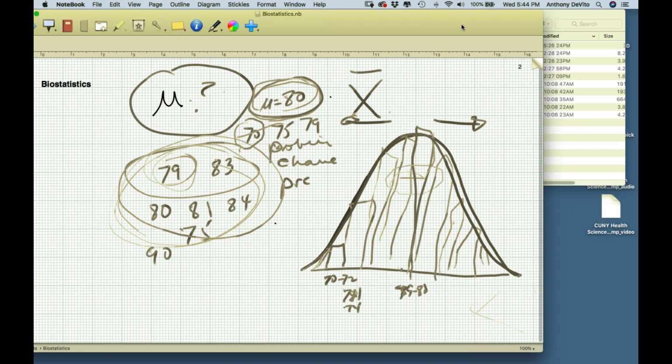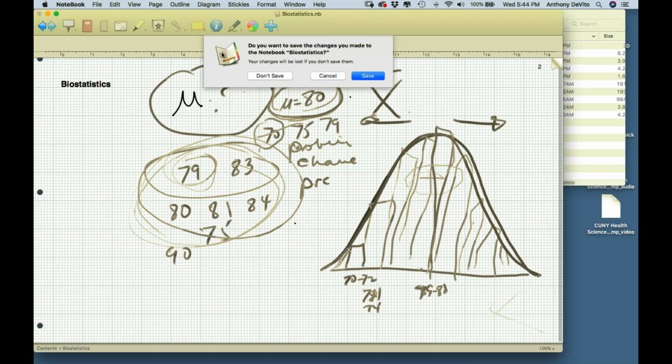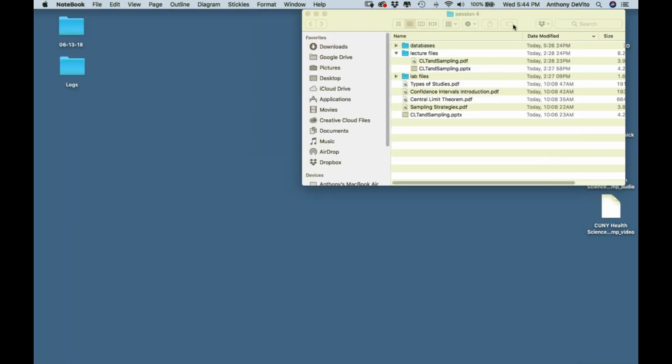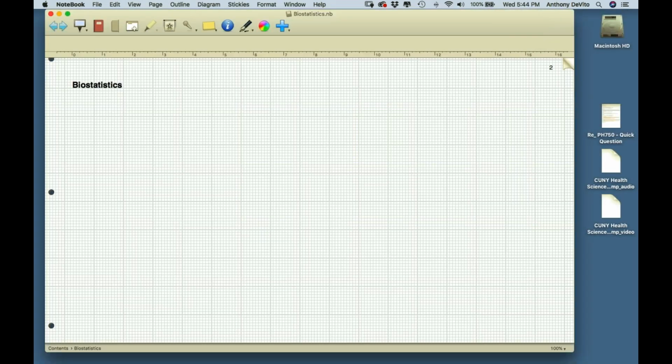So this normal distribution that I'm looking at here, this distribution of expected values for a population described by where its mean is and how it's spread out, is going to look something like this. I'm going to open up a new page, a clean page. Okay, so what's this going to look like?